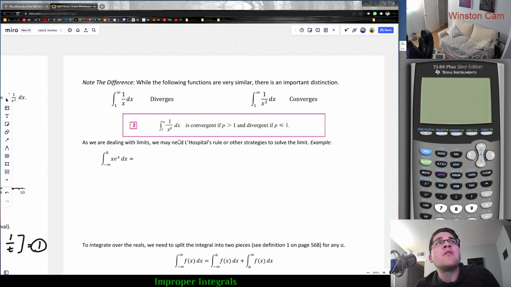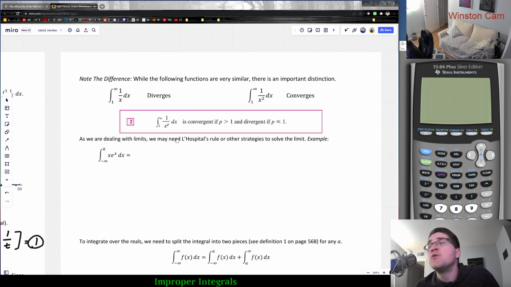And what it turns out, from theorem number 2 from our textbook, is that whatever the power is on 1 divided by x, it always converges if p is greater than 1, and it will always diverge if p is less than 1 or equal to 1, as it is with the reciprocal function.